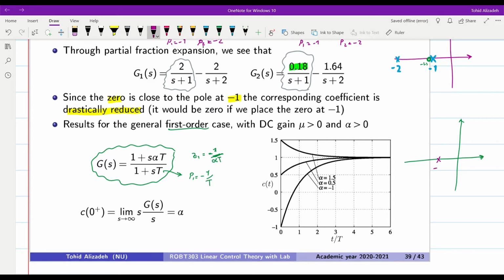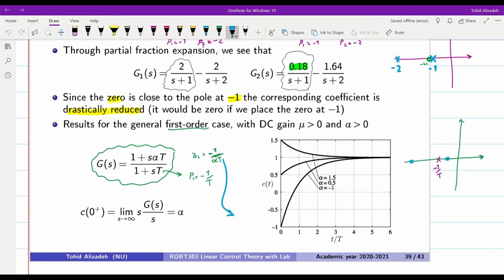We'll have it at -1 over t, but the location of the zero will vary. It might be here or anywhere, depending on the value of alpha. And we can see that as alpha increases, towards big positive values, the zero moves towards the origin. When alpha decreases, the zero moves further from the origin or towards -infinity.